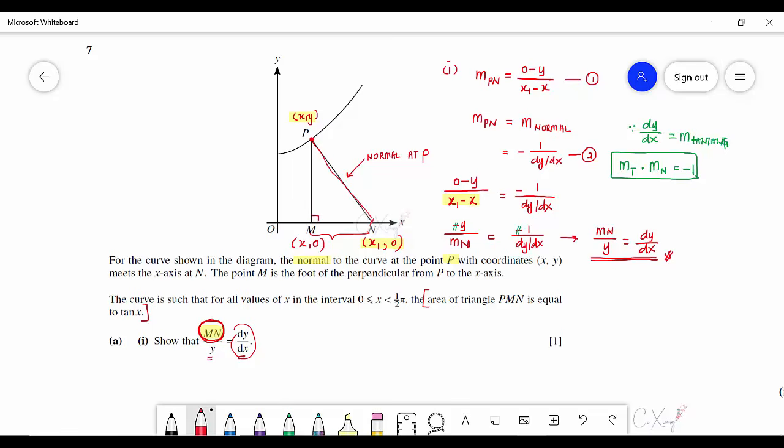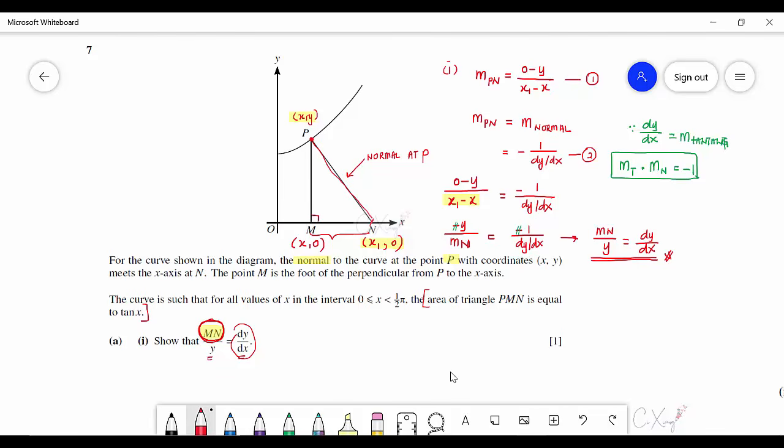Generally, to get this equation, we have to link the gradient of PN with the coordinates by using the formula, and the gradient of PN is related to dy/dx. So this is how we get the equation for the first part.